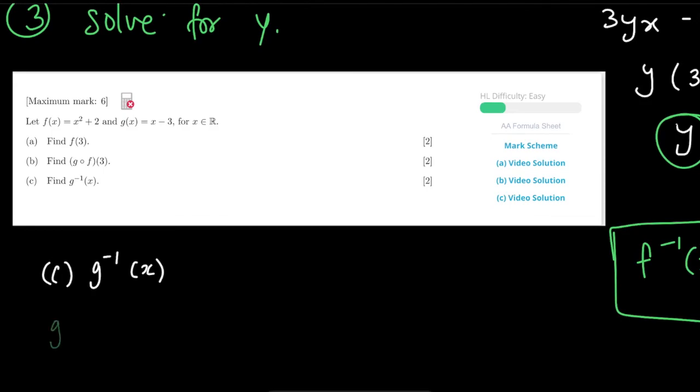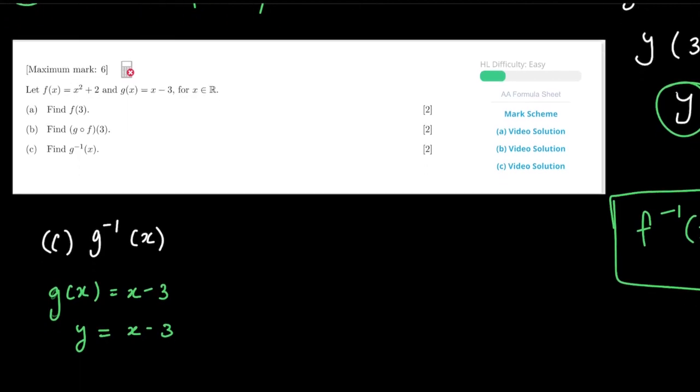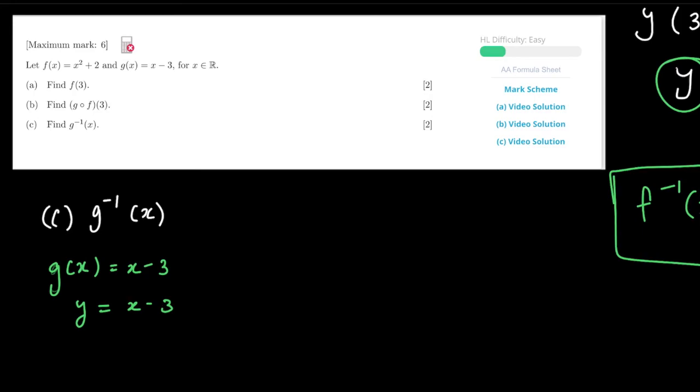Okay, we know that g of x is x minus 3. First, we write it as y equals x minus 3. Just turn the g of x into y. Whatever is on the left-hand side, if it's a function, like f of x, g of x, anything, just turn it into y equals the following function.